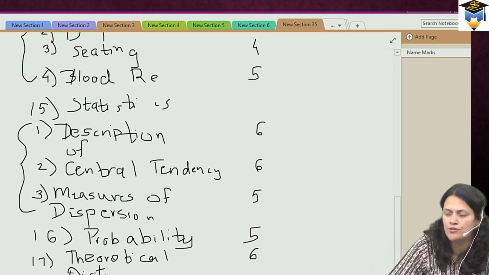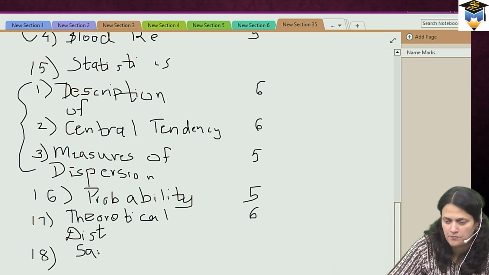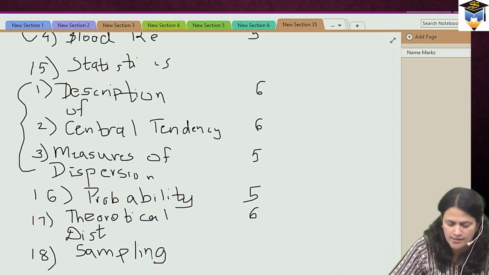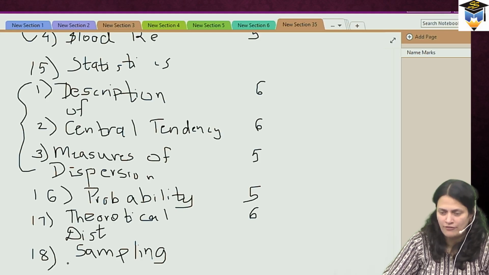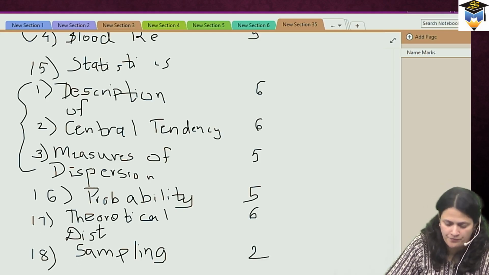Sampling theory is the next chapter. This also is a part of statistics. Actually, you should have included it here only, but that's fine. It's asked for 2 marks.